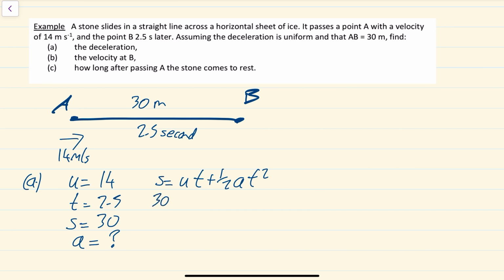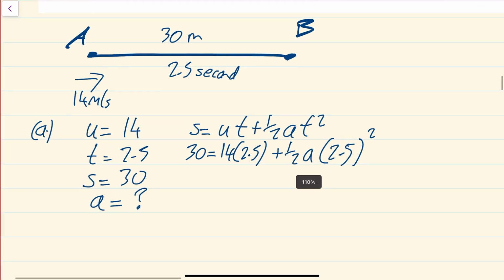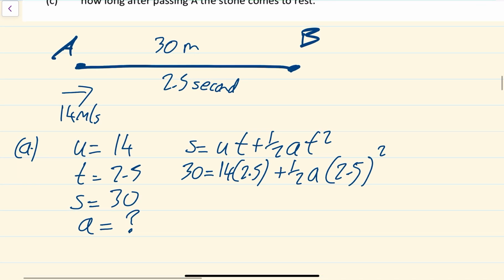So just plug it in then, and that's going to be 14 times 2.5 plus a half times my A. Sorry, I'll just write my A beside it, and then 2.5 squared. When I did this out, I'm going to have my 14 times the 2.5, which gives me 35.